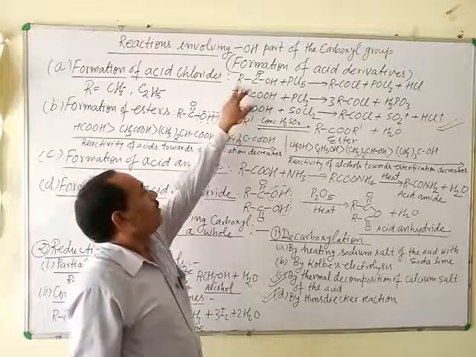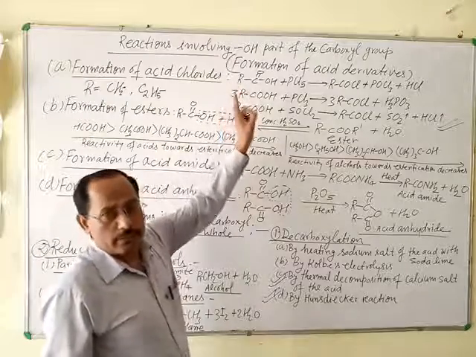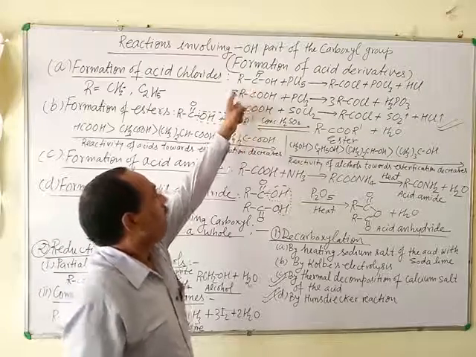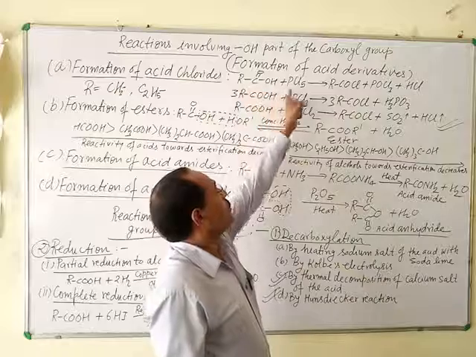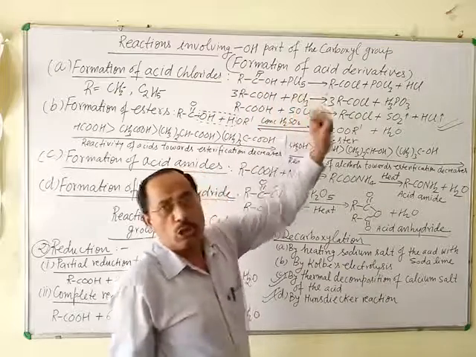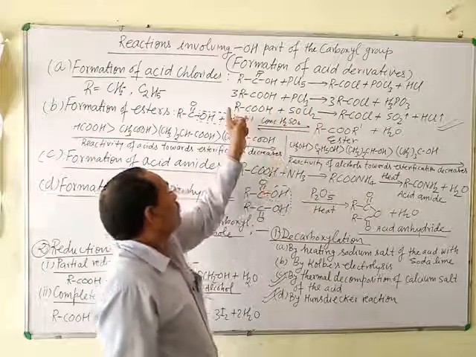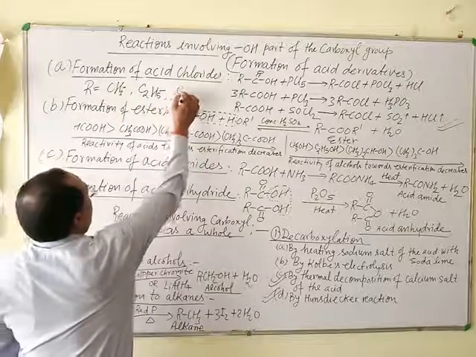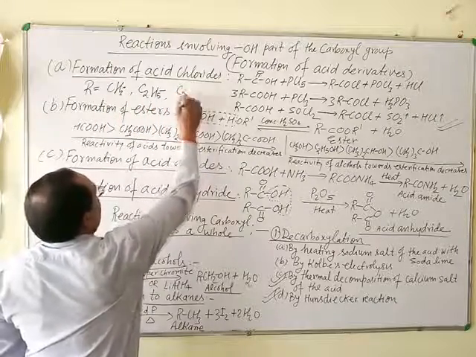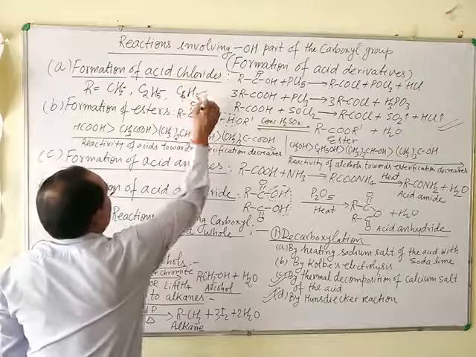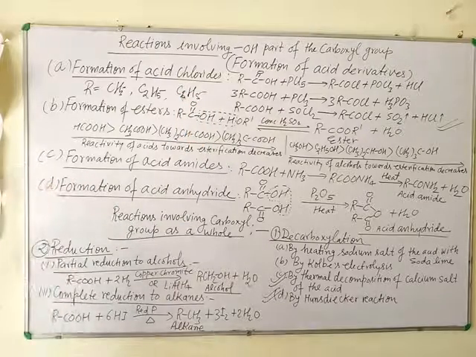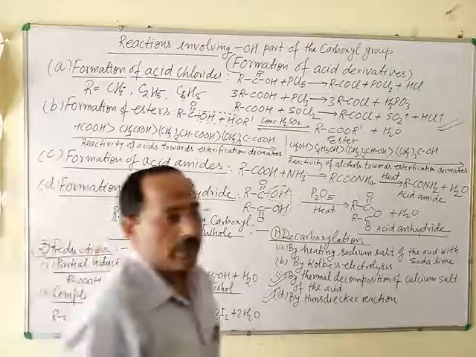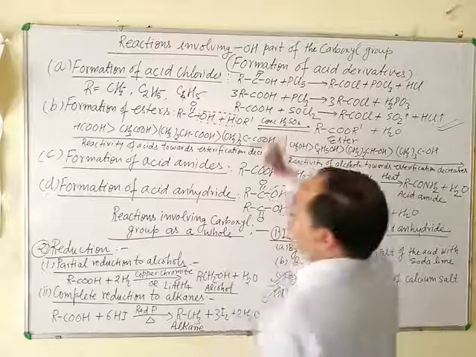For example, when R equals C6H5, then the acid is benzoic acid, and benzoic acid reacts with PCl5 to give benzoyl chloride. So R can be an alkyl as well as an aryl group, C6H5. So acid derivatives of aliphatic carboxylic acids as well as aromatic carboxylic acids can be prepared by the same method.